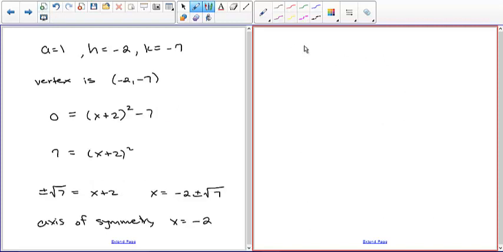Okay, now let's figure out the decimal equivalent of -2 plus the square root of 7. So we get 0.65, and if we do the negative square root, we get negative 4.65.